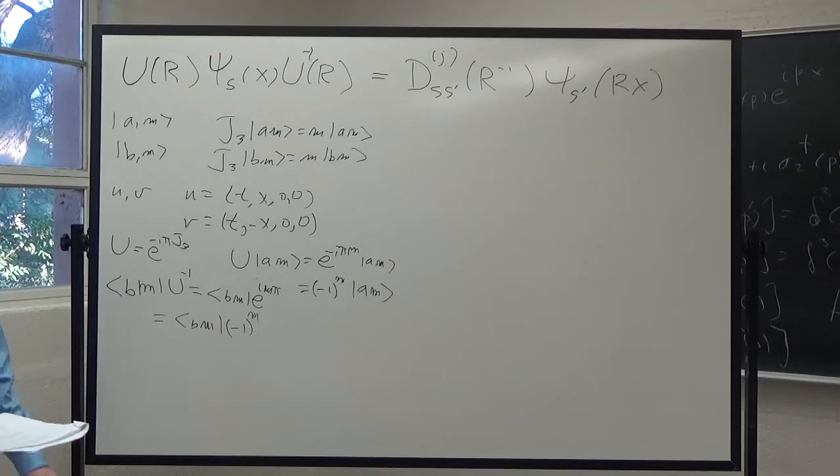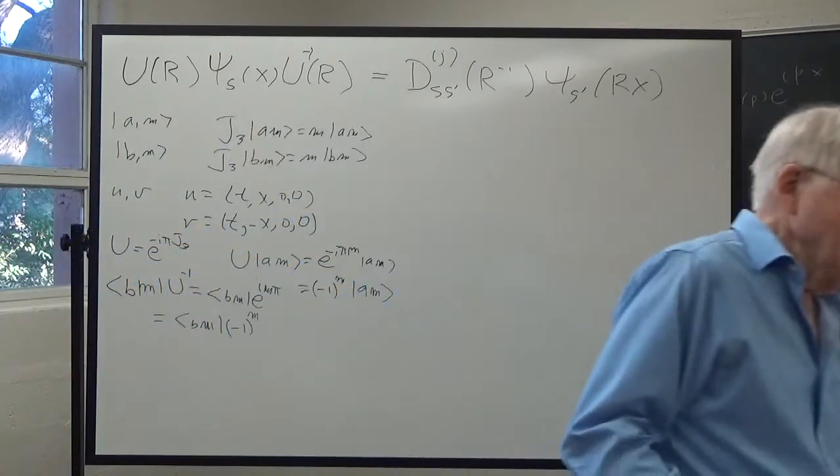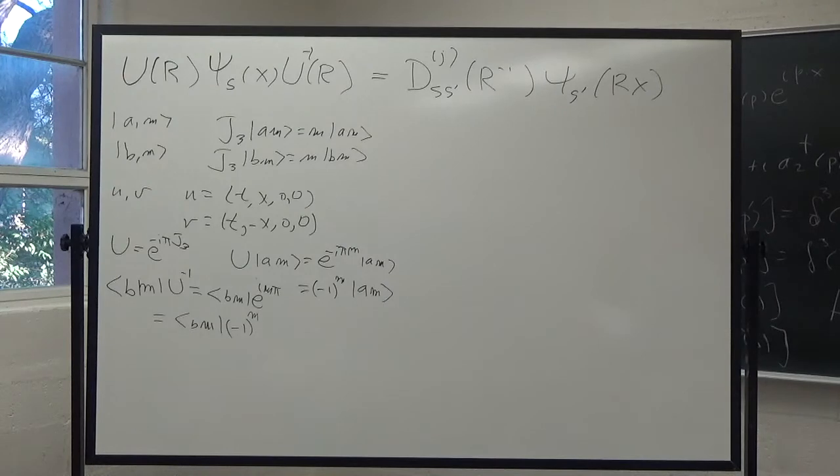What are A and B? A and B just describe all the other possible quantum numbers in the state.